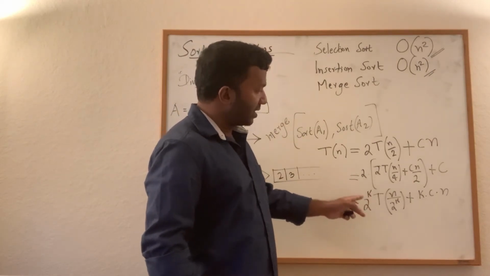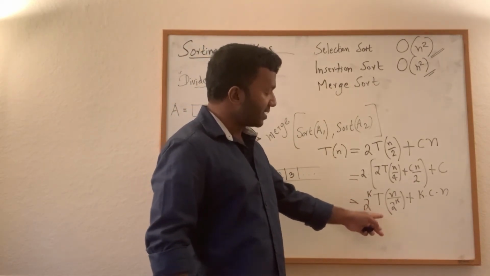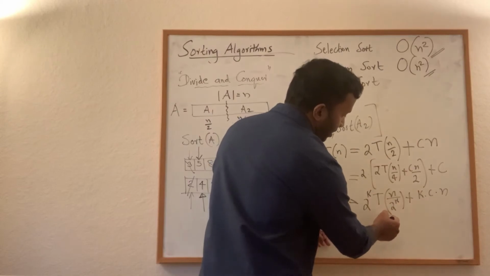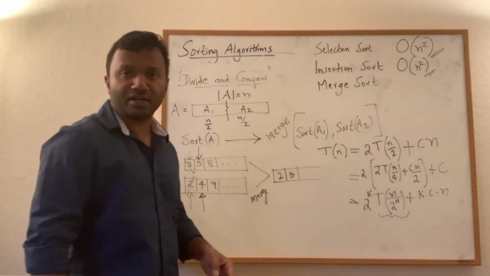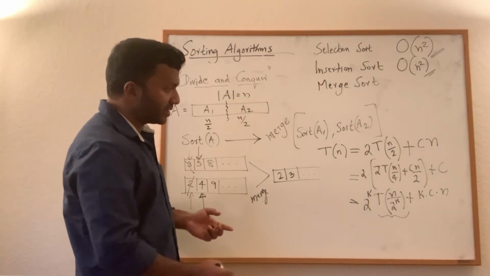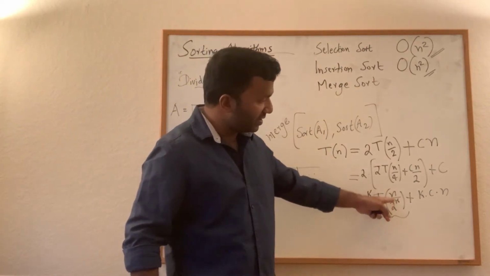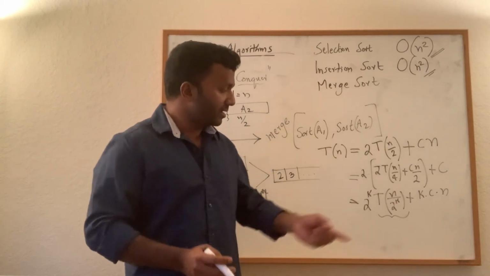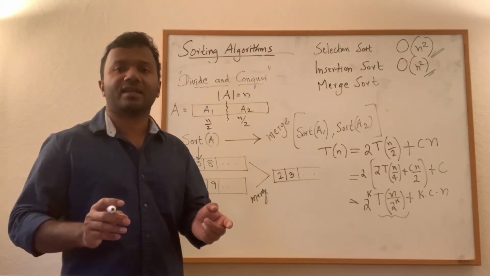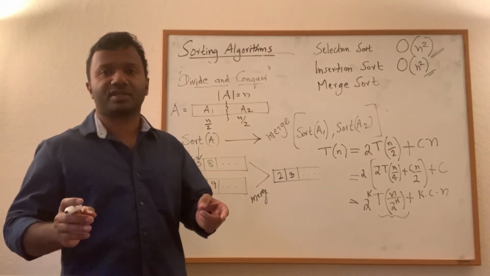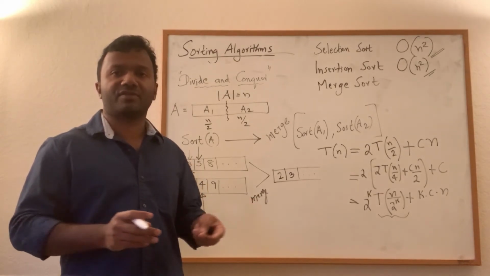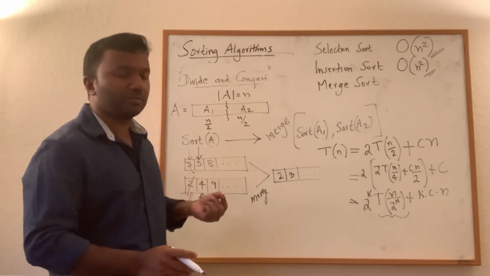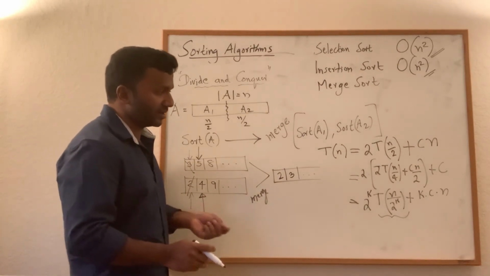Now what you can see here is, on the right hand side, this is the only term which is unknown, but what we know is, when what is inside the bracket is a constant, we can say that T of a constant is a constant, because pretty much all problems can be solved in constant time if the input size is a constant.